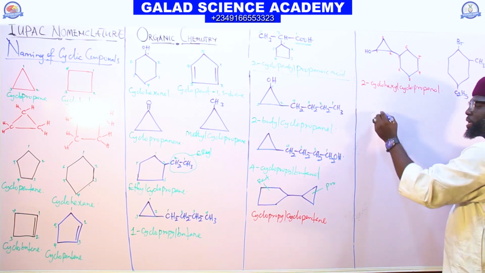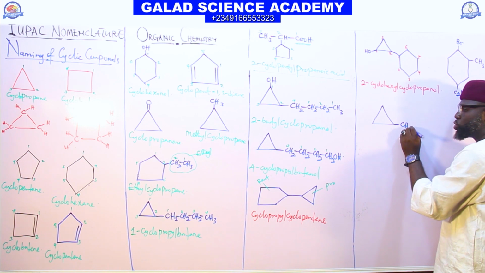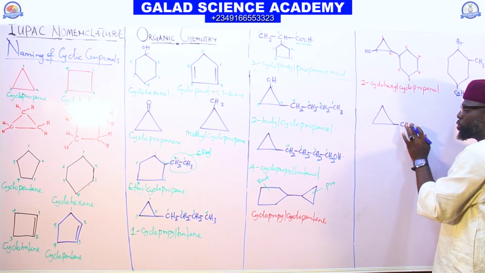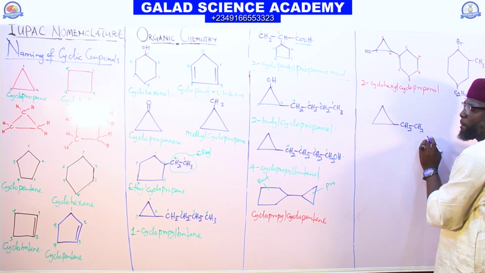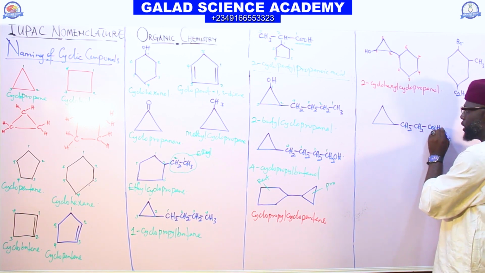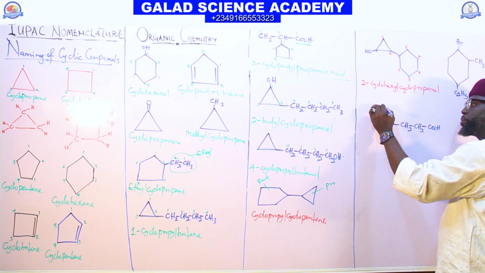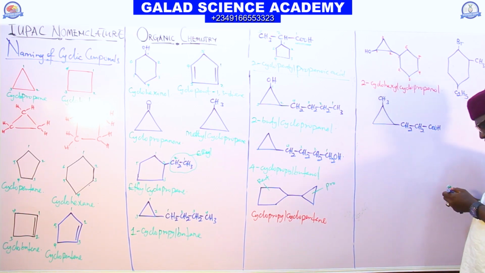We have a compound of CH3, CH2, CH2, CH2, COOH, and I put another one here, CH3. What will be the name?